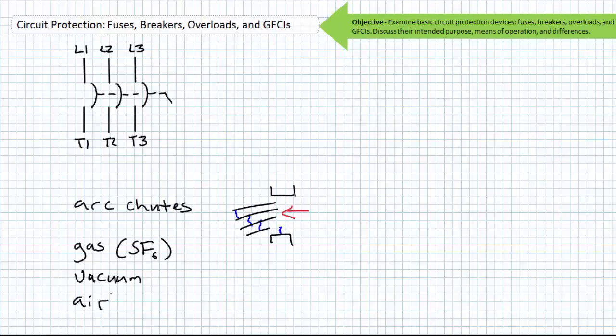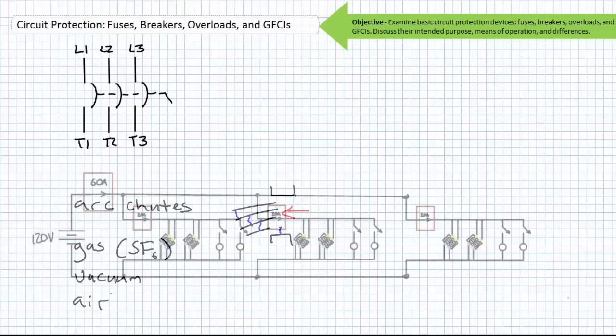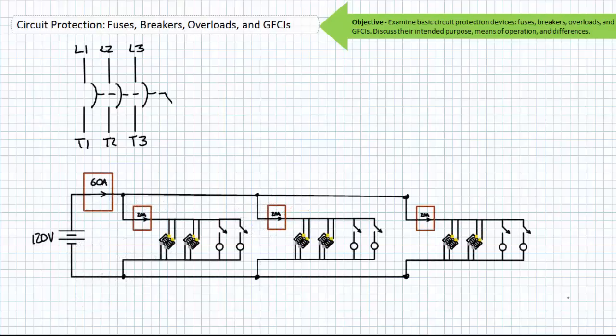All these methods share the same goal. They terminate arc current very quickly. Typically, the arc is extinguished between 30 and 150 milliseconds after the mechanism has been tripped, depending upon the age and construction of the device. As we'll soon discuss in the basic parallel circuit properties lecture, circuit breakers are often used to functionally isolate sub-circuits inside a larger system.